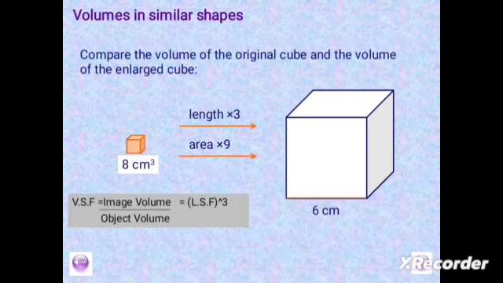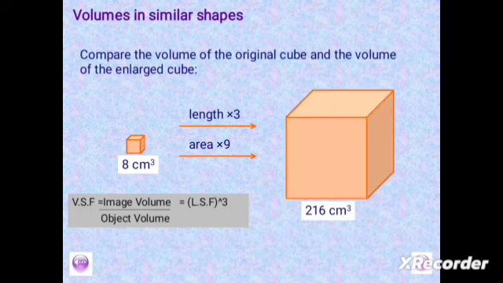And the bigger cube, which happens to be the image after enlargement, we can as well find its volume, that is 6 times 6 times 6, and that will give us 216 cubic centimeters.